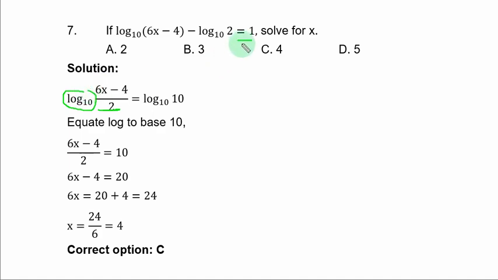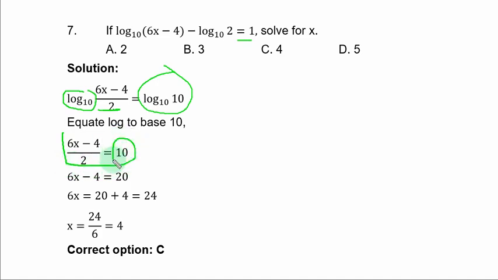And you know from logarithm that log of a number to its own base is 1. That is when the number and the base are the same. For that, you can replace 1 with log 10 so that when log to base 10 are equated, you have (6s minus 4) over 2 equal to 10.